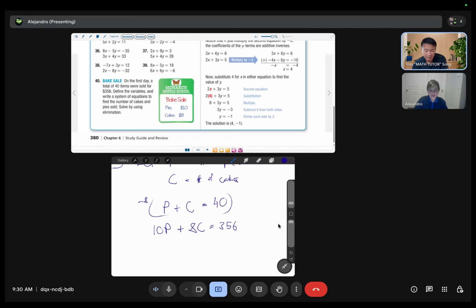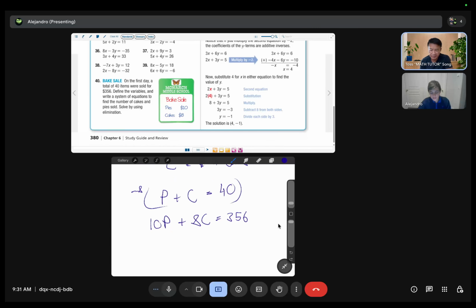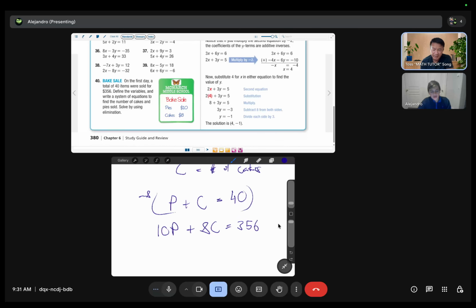Here, nothing can divide into all of these except 2, since they're even. But it's not going to make much difference, because it's still going to be 3-digit. So I wouldn't do it. I would not make it smaller, unless the coefficients were really big. But yeah, I would do exactly this.